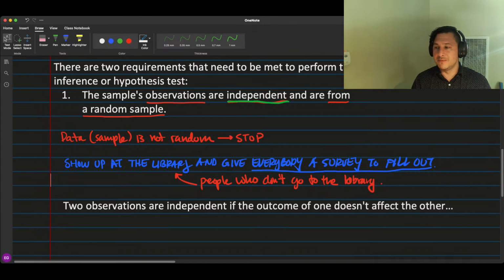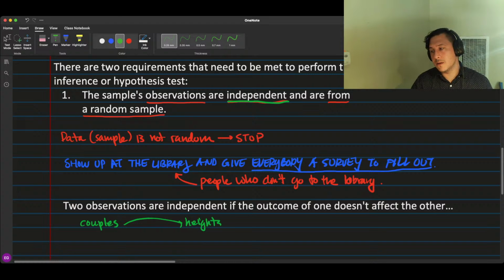And there's actually some really cool examples of this. So let's say that you look at couples. And let's say you look at their heights. If the man is tall, what are you more likely to see about the female?